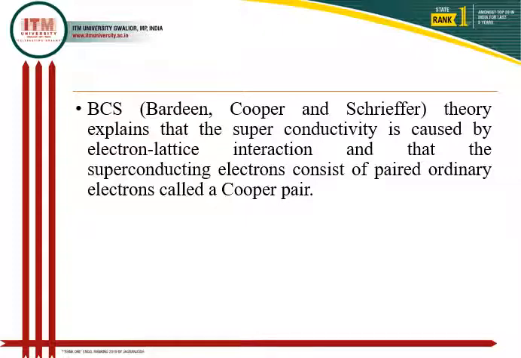BCS theory is one of the most important theories in superconductors, which was given by Bardeen, Cooper and Schrieffer, that explained that superconductivity is caused by electron lattice interaction, and the superconducting electrons consist of pairs called Cooper pairs. Electrons form Cooper pairs. This all happens at lower temperature. So we will discuss many other interesting things and facts in this unit.